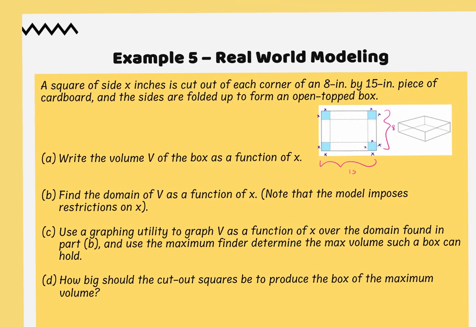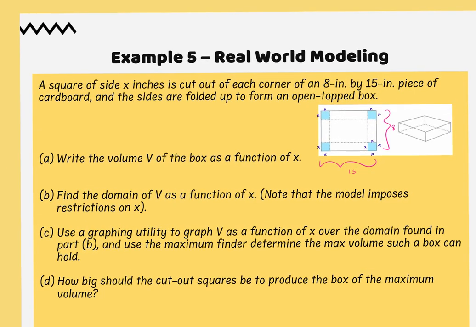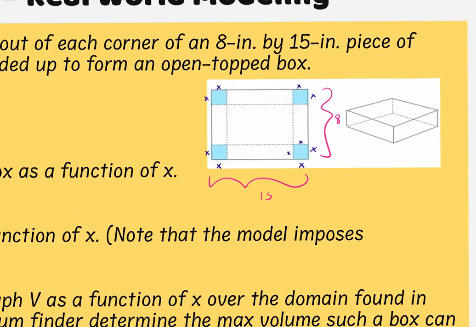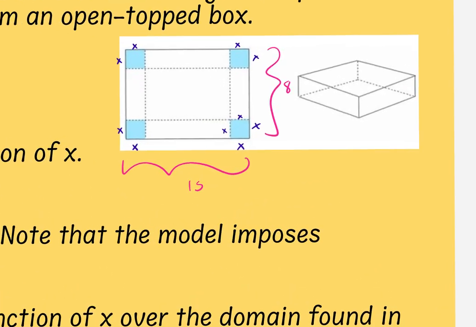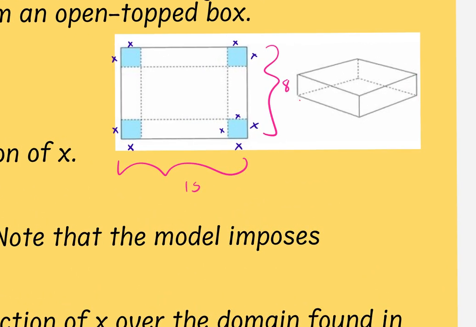So A says write the volume V of the box as a function of x. Volume is length times width times height for a prism, which is what this would be. So what is the length of this box if I took this and folded it up?